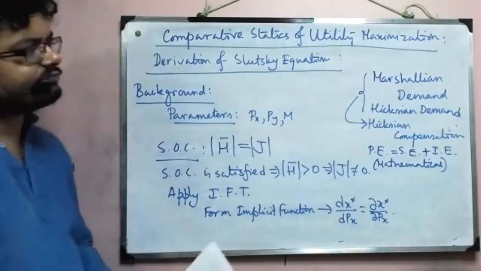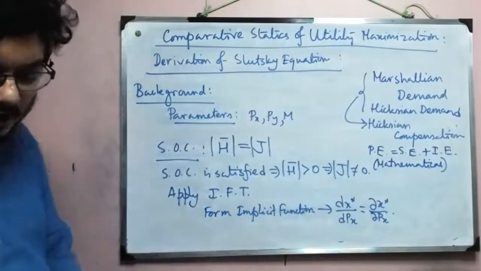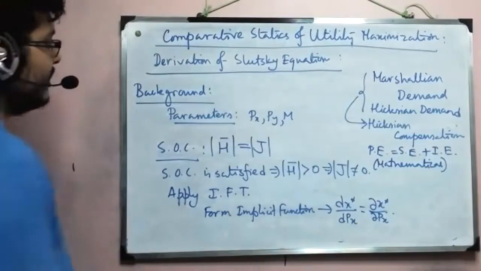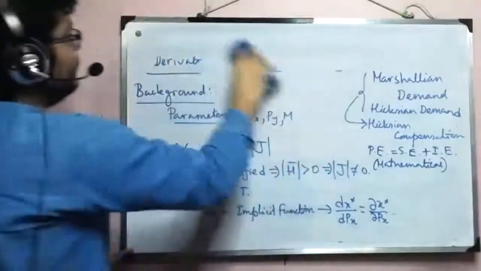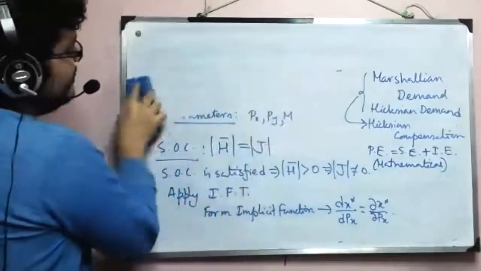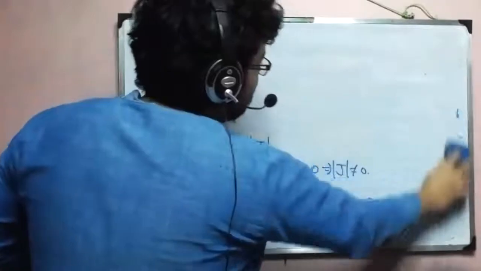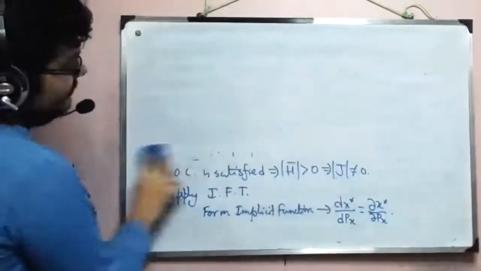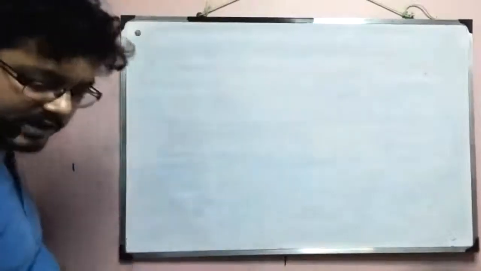Now we will take one of the possible standard structures of a utility maximization problem, and from there, step by step, we will achieve the Slutsky equation. So what is the structure of the problem here?